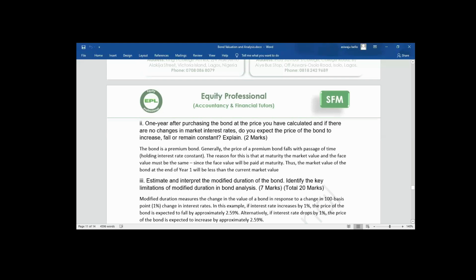It is used to estimate the percentage change in the value of a bond, the percentage change in the price of a bond, as a result of a small change in interest rates.